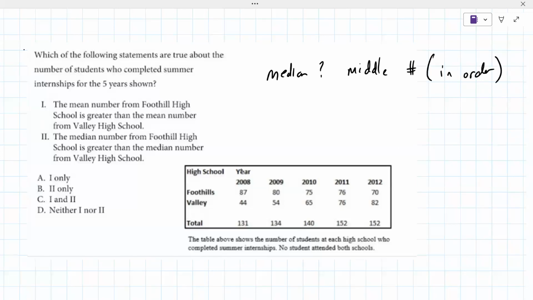Okay. What I'd like you to do is find the median of each of these. Now, if they happen to be in order, like the second one, you actually already know it, but the first one is not in order.